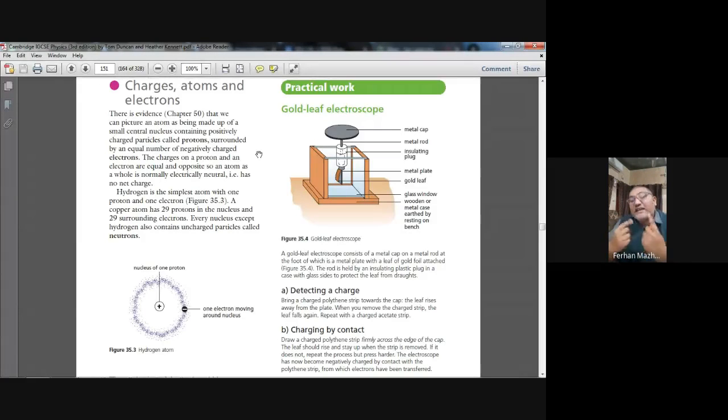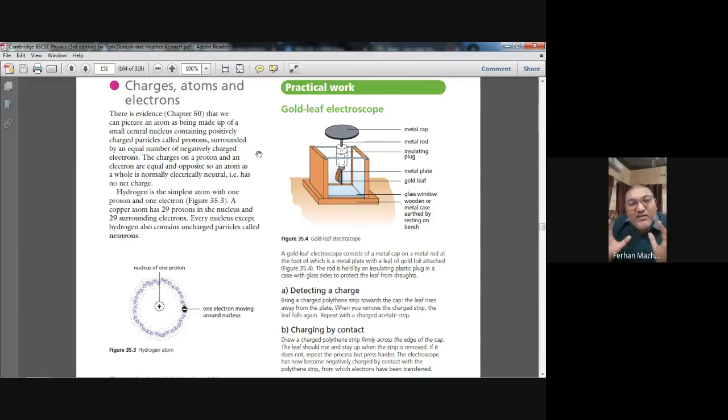The electrons are given, the electrons are taken away. Never in this chapter, never in your physics, are you going to take away a proton. Never is a proton given or received. The proton cannot be isolated. It cannot be taken away from a nucleus. Only electrons can be taken away. Electrons can be given.